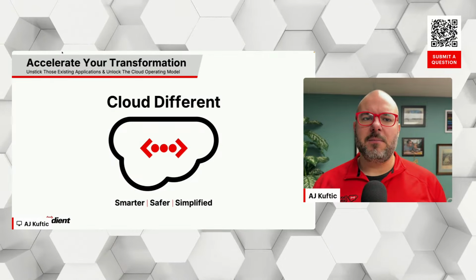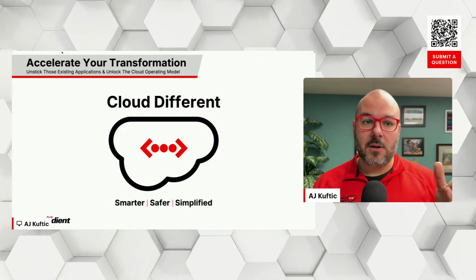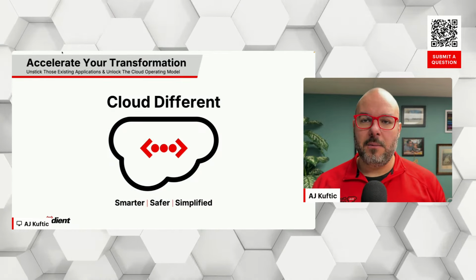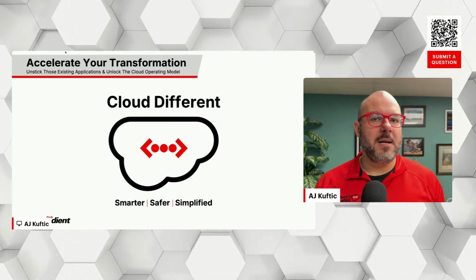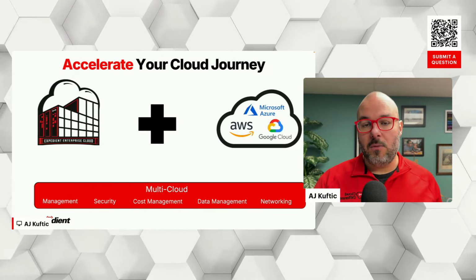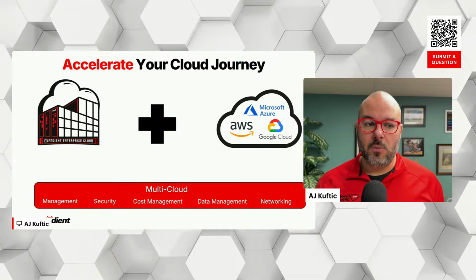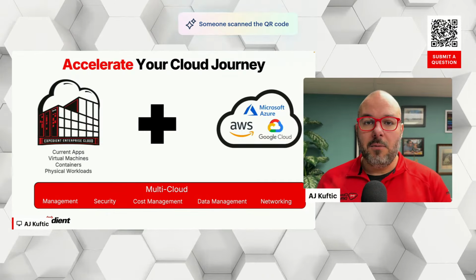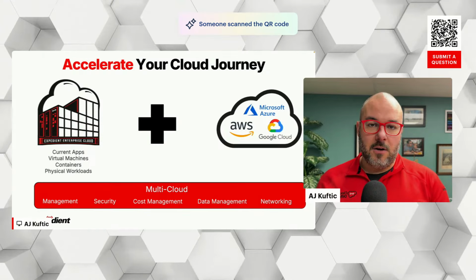As we were talking to clients, they were saying, hey, this actually is beneficial and helpful. And really, what it came down to was having the ability to put the right workload in the right cloud. When we looked at what we did with Expedient Enterprise Cloud and our private clouds, they were very much focused on things like current applications.